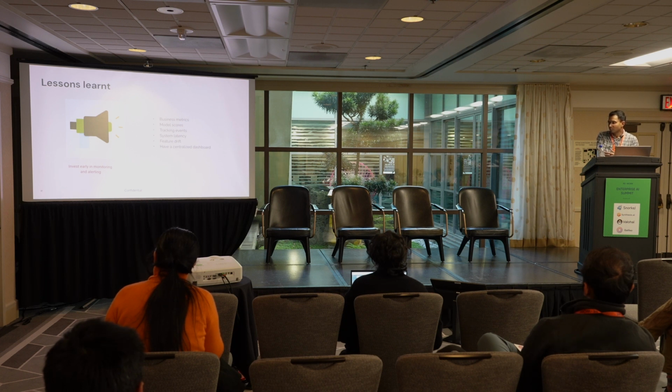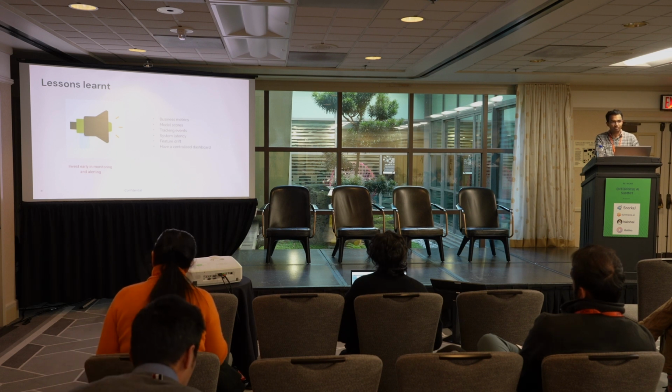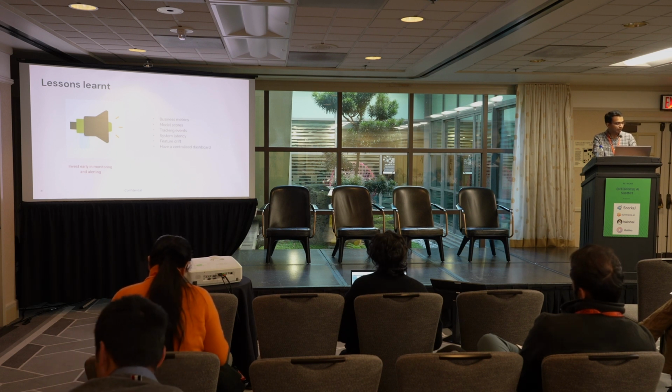So having good monitoring that allows us to dissect such high dimensional data is really important. So yeah, I think that's probably the last takeaway I would leave you with.